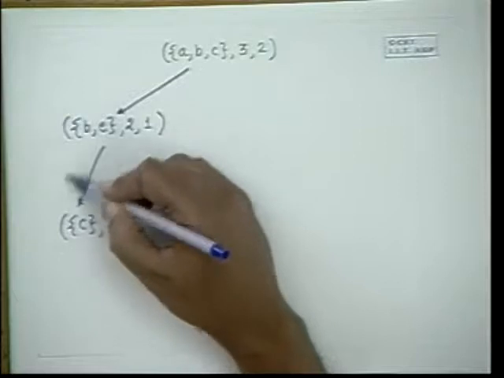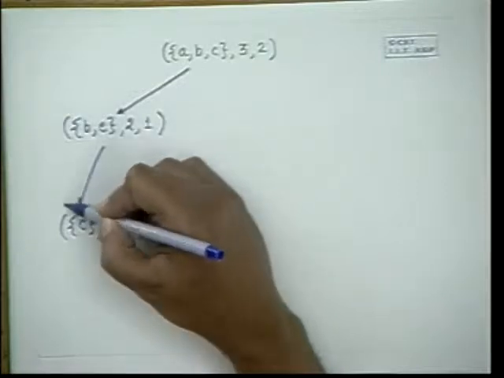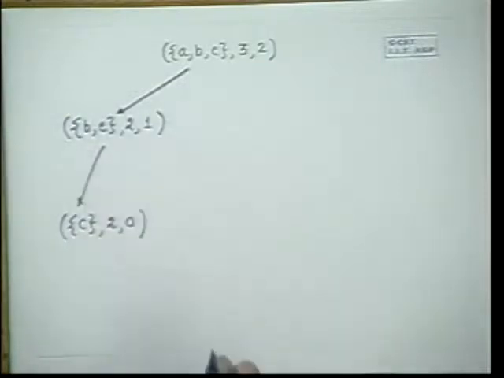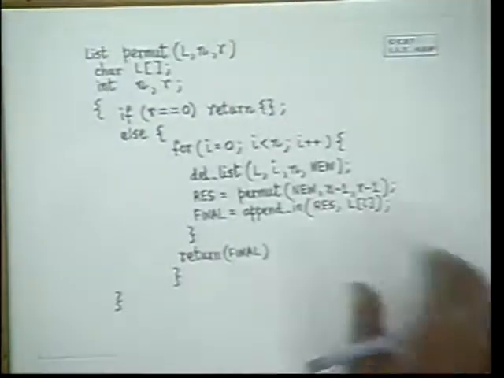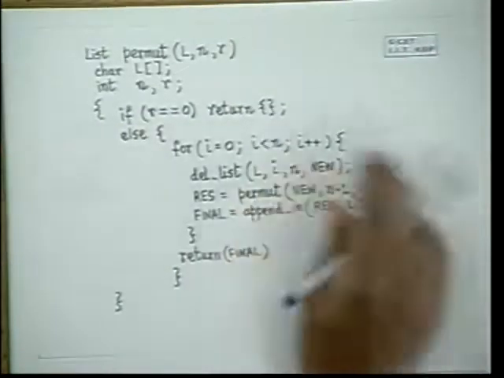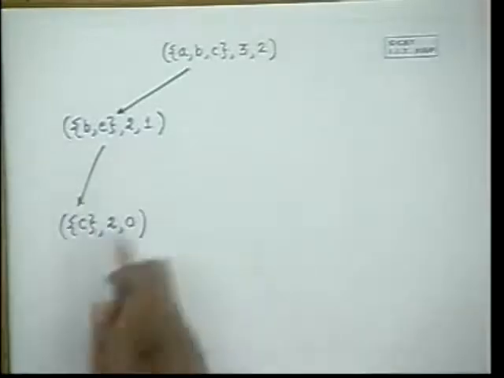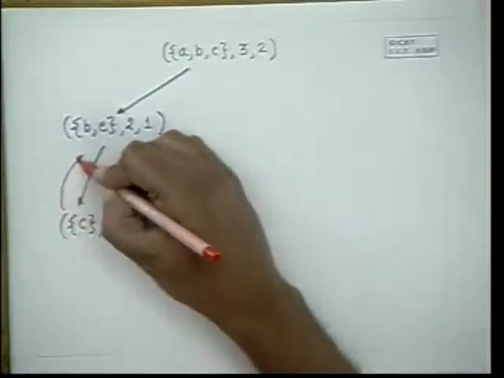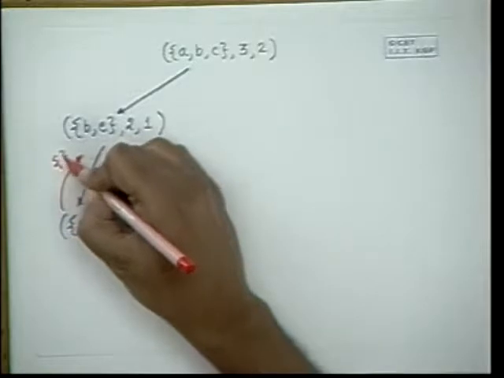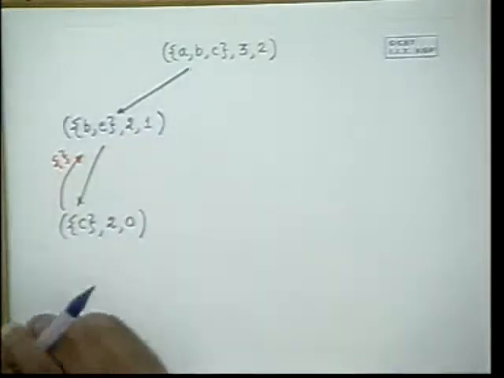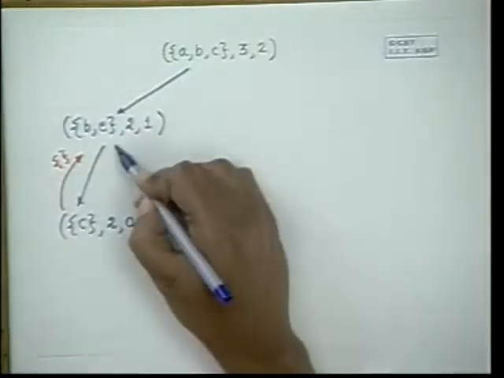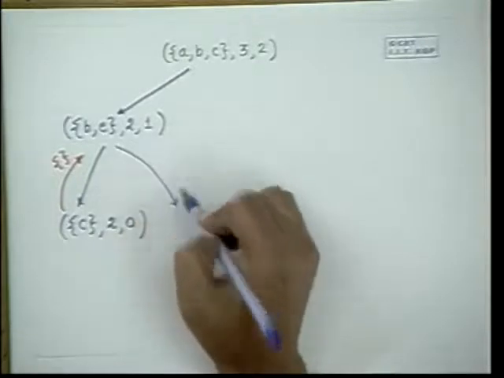What does it return? Here it should return a null list. Okay, no, we'll continue as we were doing. It returns a null list. That's fine. So this will return a null list. Then this one will call here.